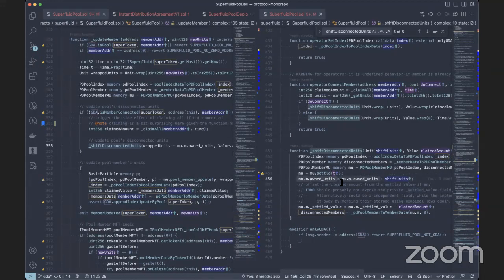And we're just adding the shifted units, and this can be negative, I believe. Yeah, this can be negative.